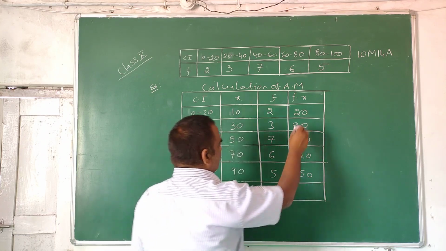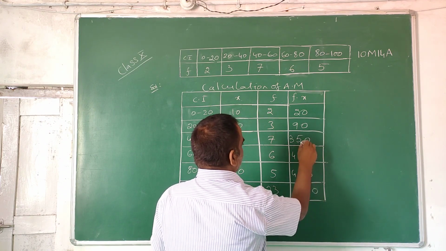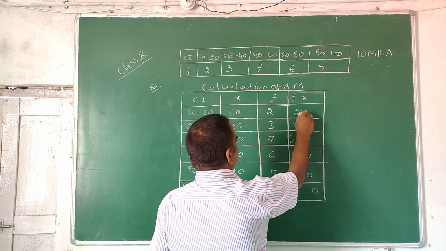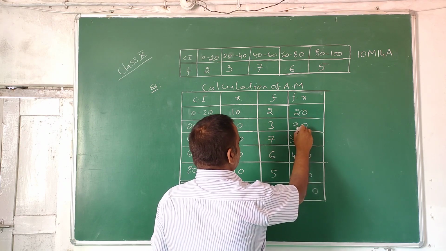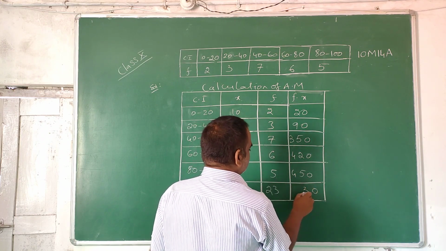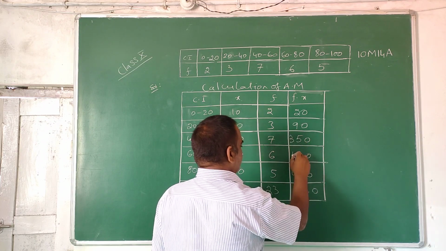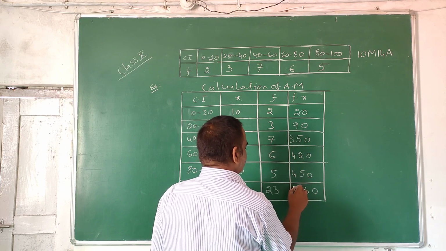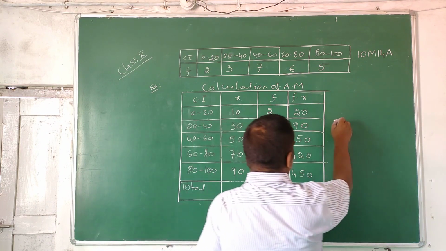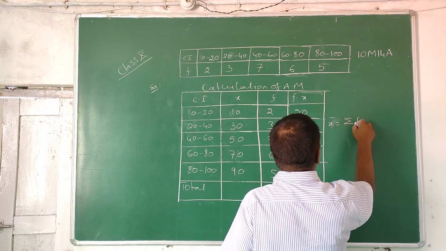Now you have to add these products, which gives 1330. So therefore the mean, denoted by x bar, is equal to summation fi xi by summation fi.